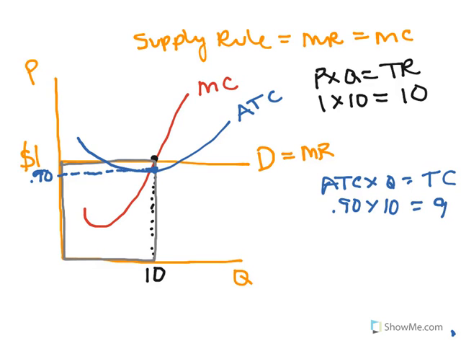So now I figured out what my total costs are and what my total revenue is, so now I can calculate my profit, because my profit is going to be total revenue minus total cost. So my total revenue, $10, total cost, $9. Therefore, 10 minus 9 equals 1. So we have a positive economic profit of $1.